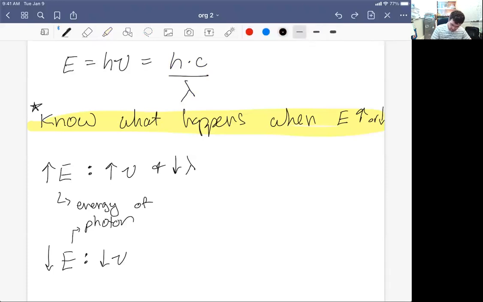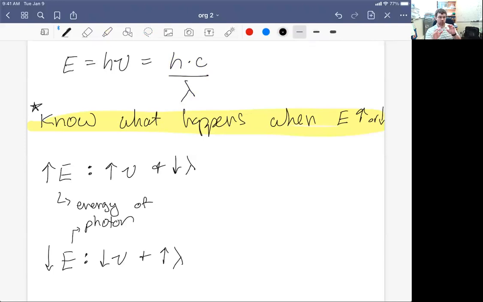When the energy goes up, the frequency goes up, and the wavelength must go down. Conversely, if the energy of that photon goes down and its frequency goes down, the wavelength must go up. So I'm using these equations to show what happens to both frequency and wavelength when the energy changes.